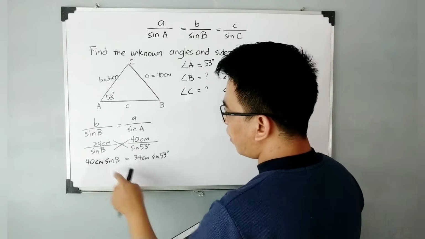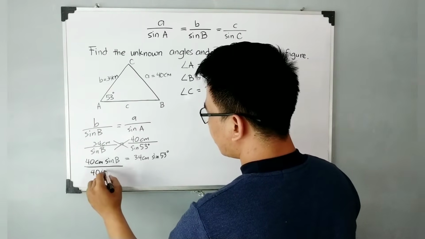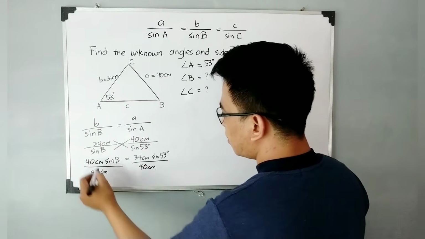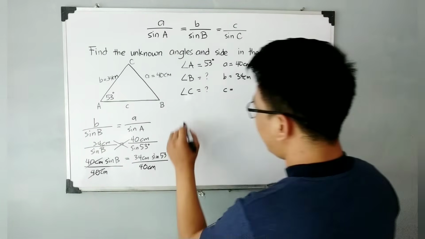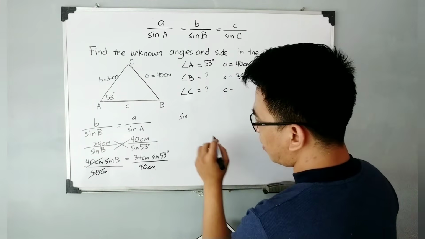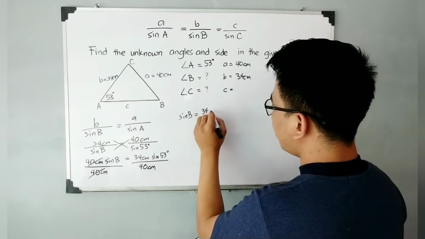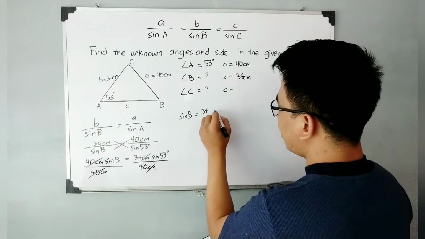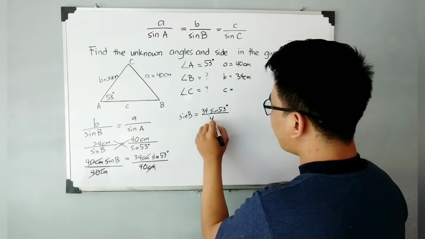Since the target natin is makuha yung B, we can divide this by 40 centimeters. Ito naman, you can divide it by 40 centimeters. So, cancel natin to, and there you have it. You have sine B is equal to 34, yung centimeters natin pala, pwede natin eliminate, 34 sine 53 degrees over 40.